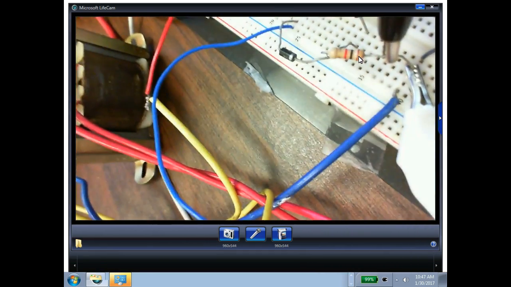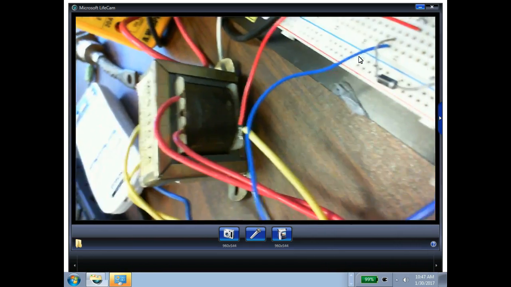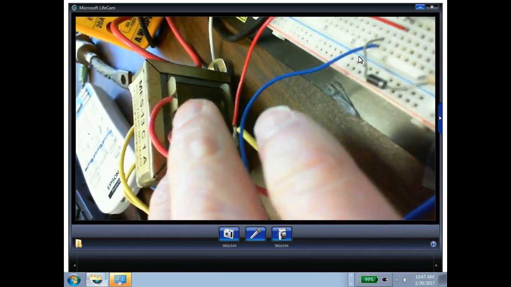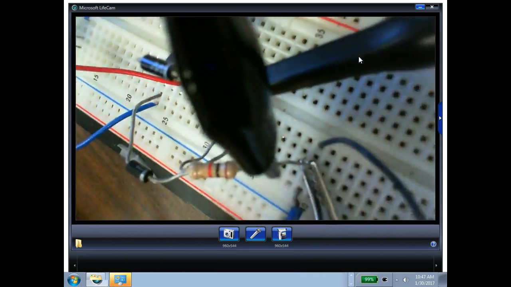The transformer, it's pretty obvious. The two red wires on the transformer are the primary. And we've got that going. So on this one we have the primary fuse. So we have an inline fuse on one of our primary leads, which really doesn't make any difference.